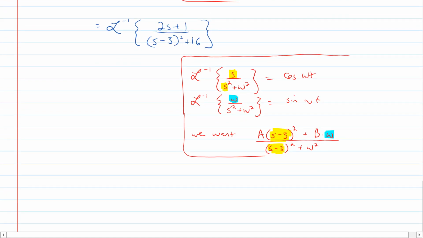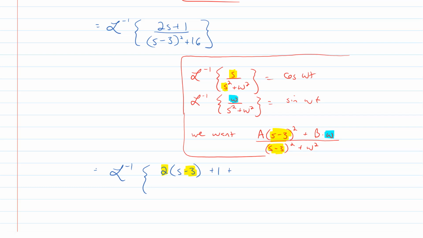So let's do a little bit of work here. I'm going to split this up; we're going to take the inverse Laplace transform. And what we actually want is, instead of 2s, we want 2 times s minus 3 plus 1. And now we have to add an extra factor, because what we've actually done here is we had 2s before, and now we've subtracted 6.